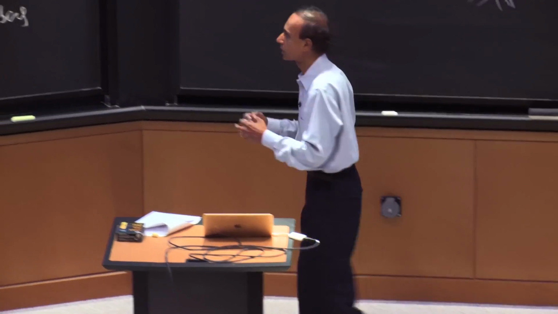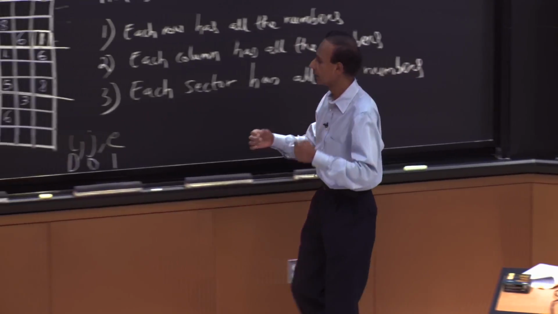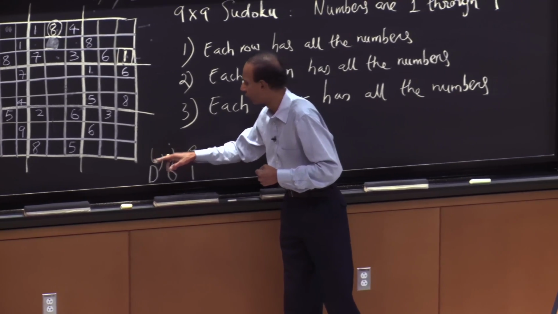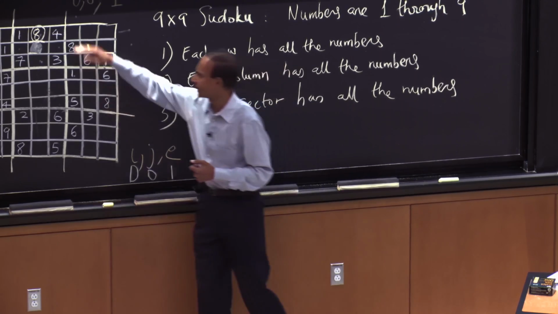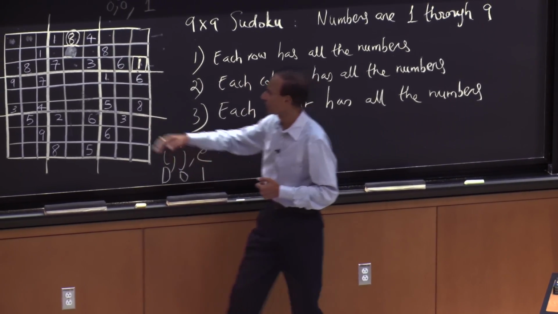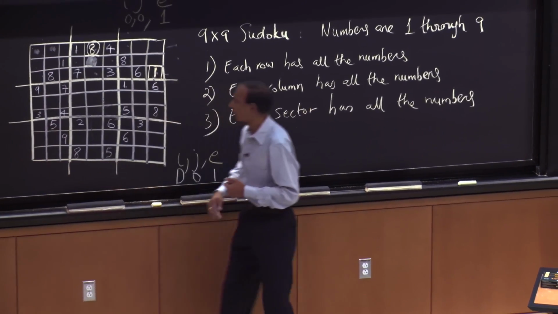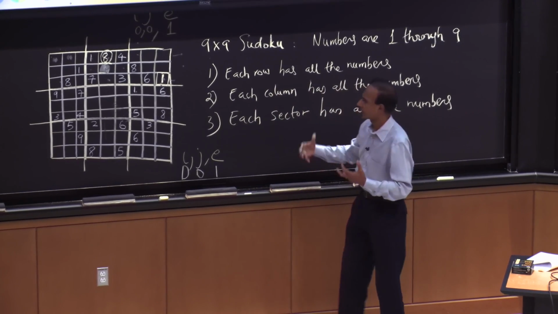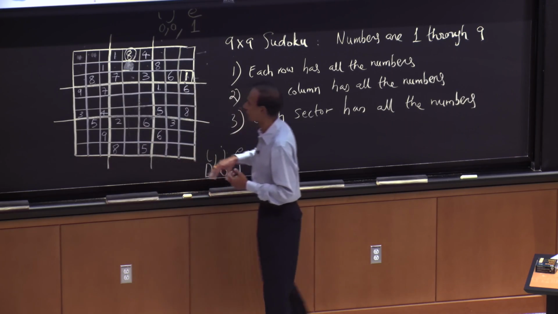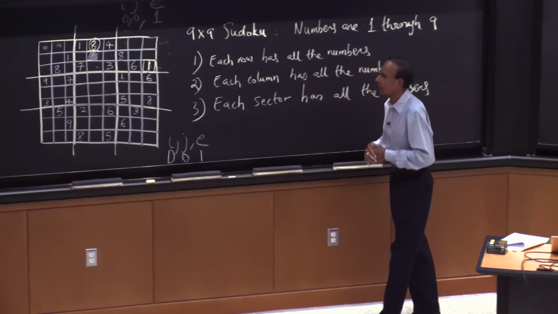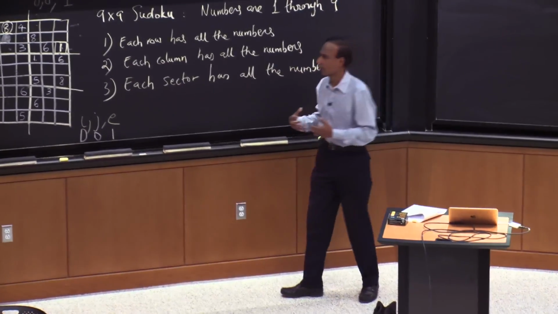And that check is relatively easy to do because I just need to go and look at the row corresponding to I, which in this case is the top row. I look at the column corresponding to J, which is the leftmost column. And then I look at the sector corresponding to 0, 0, which is this top left sector. And I check to see for each of those 3 things whether there's a problem or not.